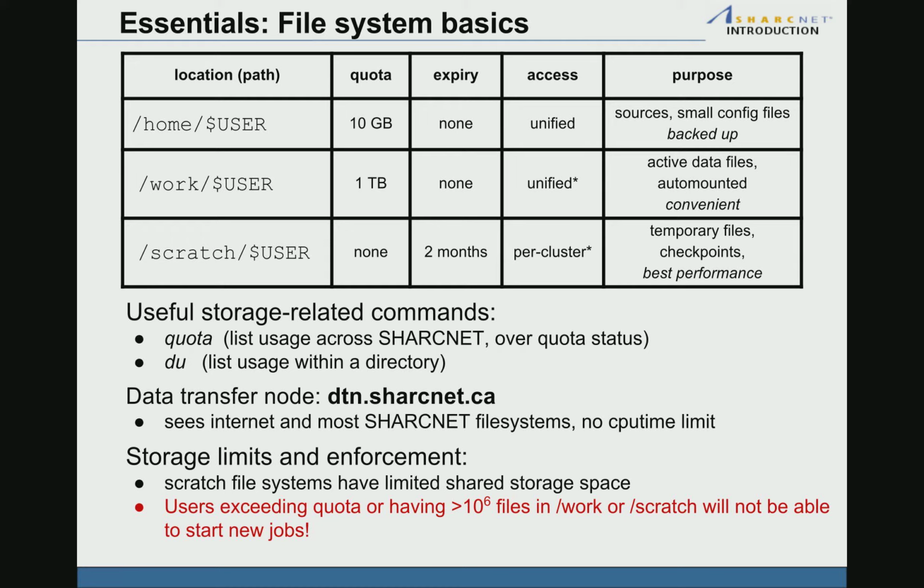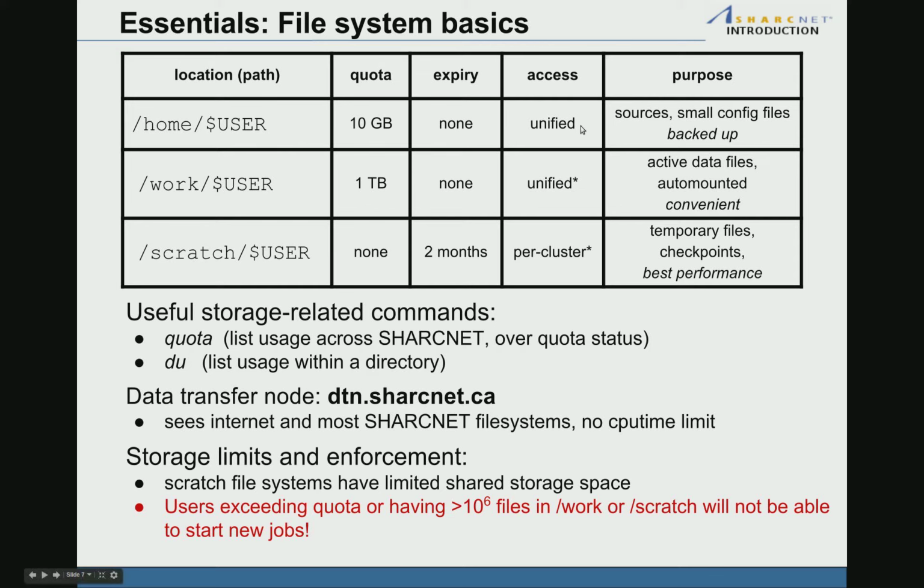So this will generate write errors at the time of exceeding that quota. Expiry is the amount of time that files are allowed to remain on the file system unchanged or updated. In home, there is no expiry. This is where you can leave files on a permanent basis.